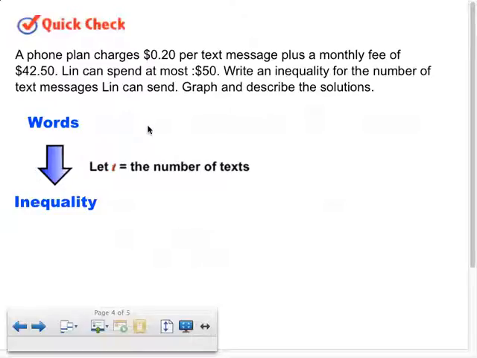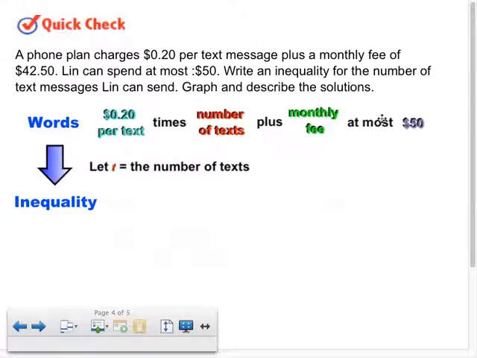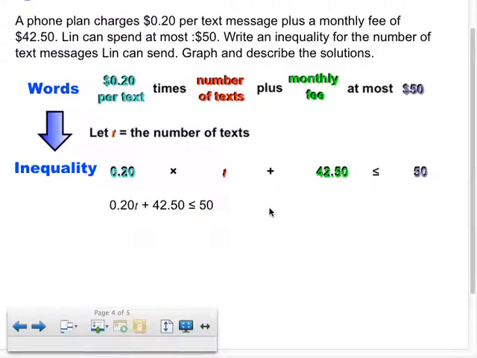Less than or equal to. Nice, less than or equal to what? 50. Right. So at most, less than or equal to 50. So here's what we got for our inequality. You guys see that? And then we got our equation. There you go. So everybody with me on how we got to this point? Jaden's correct. Any questions about this?